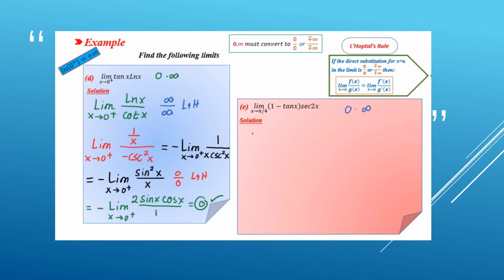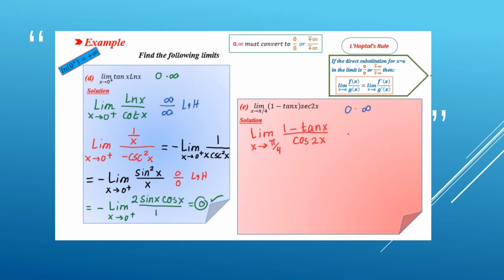So the limit equals the limit of 1 minus tan of x, and as you know, secant is the reciprocal of cosine. So we can rewrite secant 2x as 1 over cosine 2x. So you have to divide 1 minus tan x by cosine 2x when x goes to pi over 4.